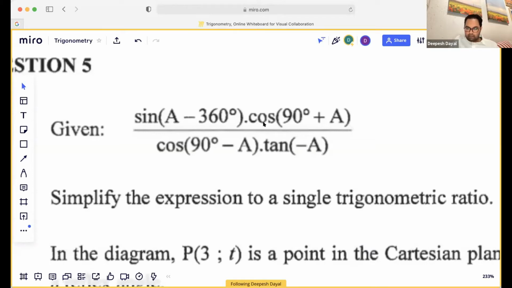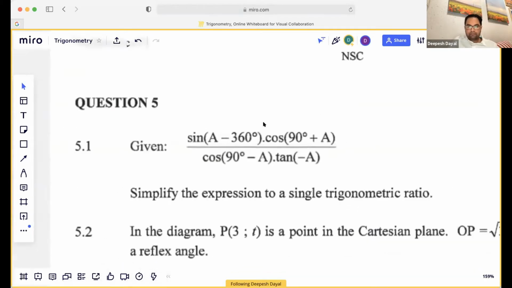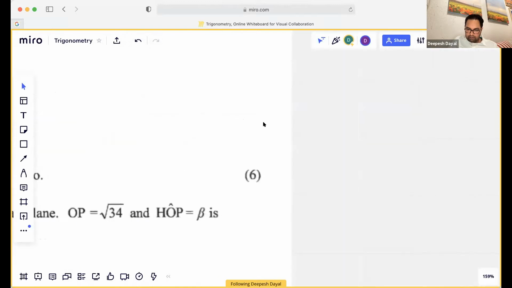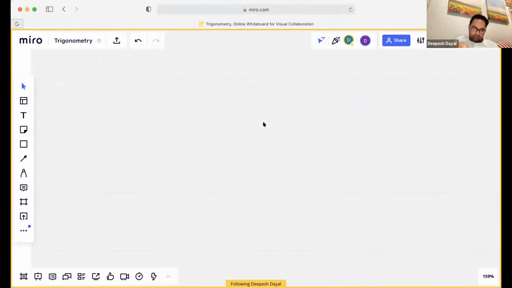I'm going to give it another 1 minute, then we can continue. I'm actually just rewriting this question on the right-hand side here because I'm going to need all the space.